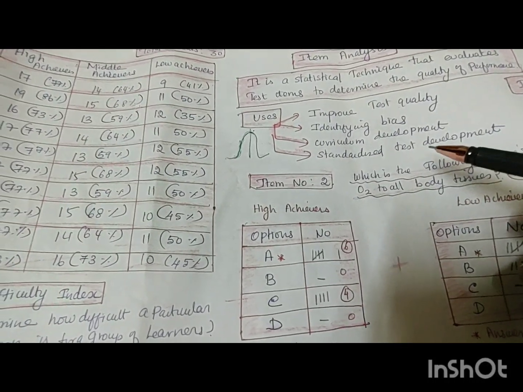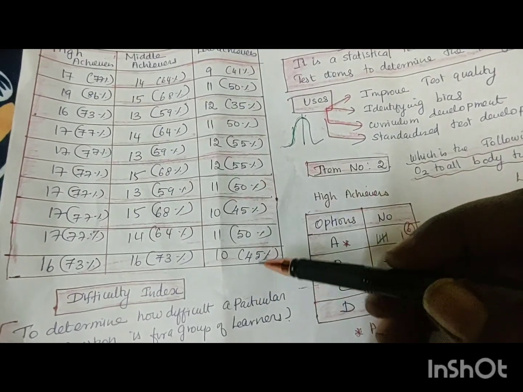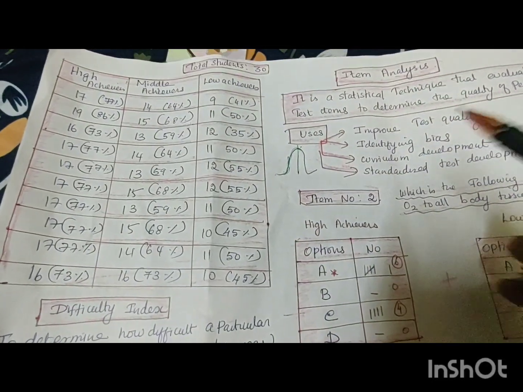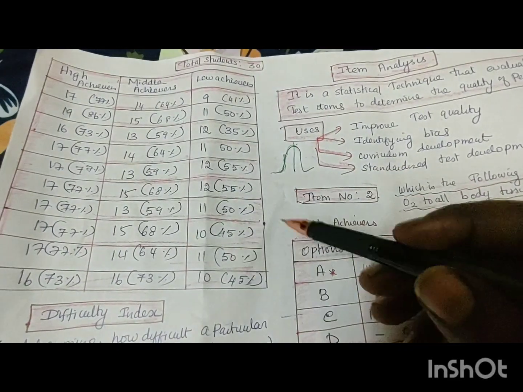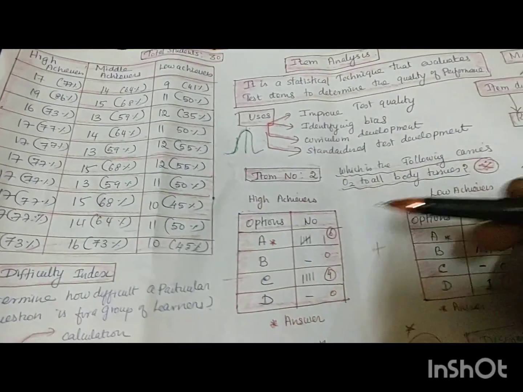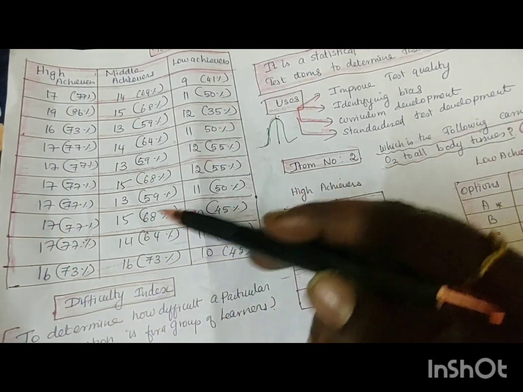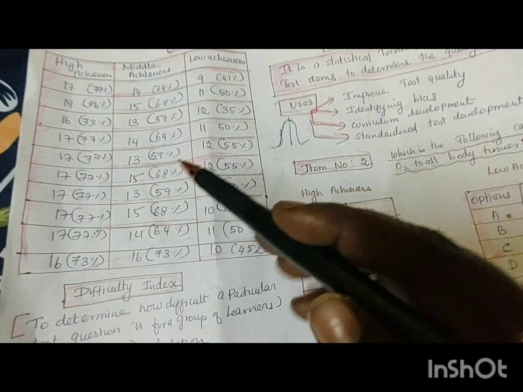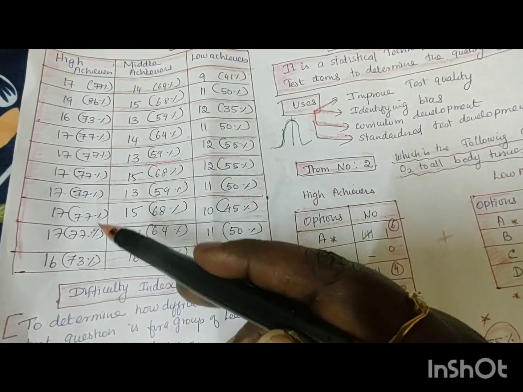So what did I do in my research on anemia? I did it for 30 students and gave them the questionnaire. The main step in item analysis is that you conduct the exam, and then divide the students into high achievers and low achievers. Who are high achievers? Among the 30 students, those who got 17, 16, 19 will all be high achievers.